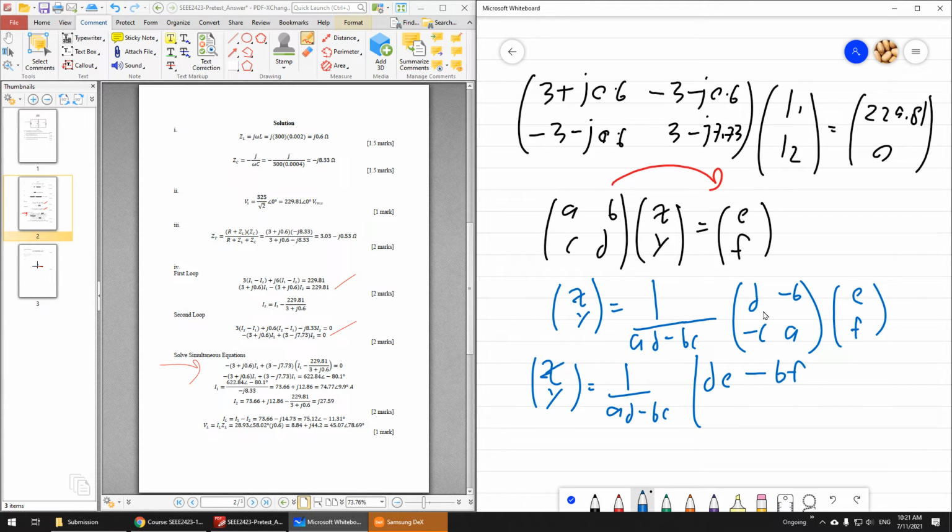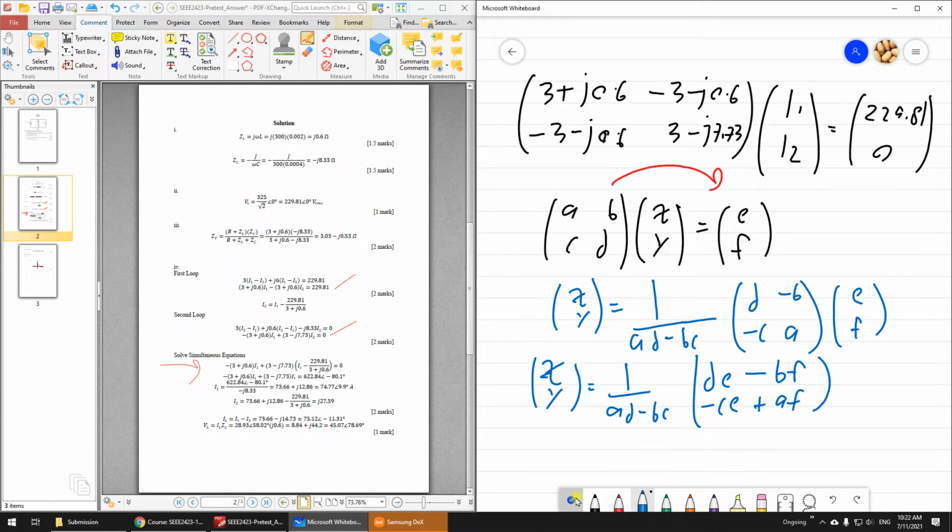Something like that. So you have to recall back: this one multiplied by this one, and then plus this one multiplied by this one. Don't forget it is plus, but because of the minus, it becomes minus. So again negative c and e, and then plus a and f.